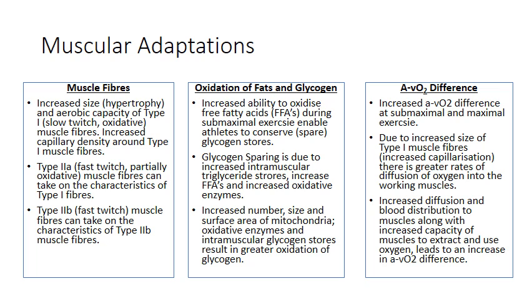We have 3 types of muscle fibres, type 1, type 2A and type 2B. Your type 2s are your muscle fibres that are more significant in your anaerobic energy systems, but your type 2A and your type 2B can take on some characteristics. So your type 2A muscle fibres can take on some characteristics of your type 1 muscle fibres.